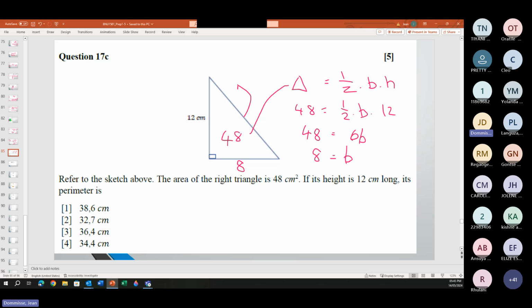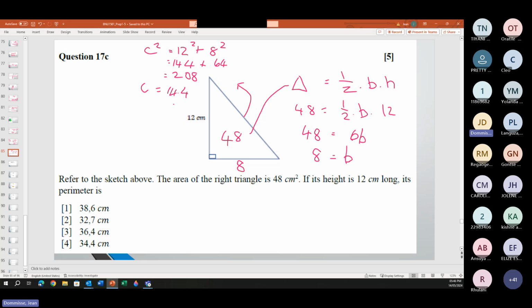So to work out that side, we say that c squared is 12 squared plus 8 squared, 144 plus 64, which looks like 208. So c is the square root of 208, which gives us 14.4.